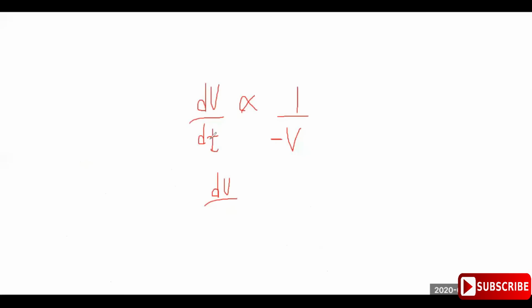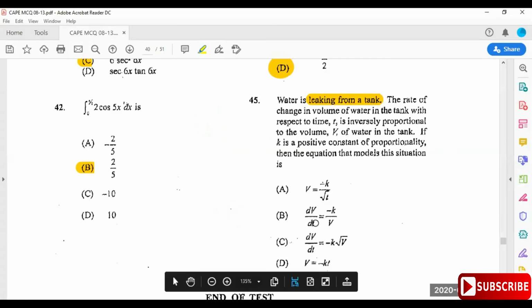So it's proportional to 1 over the volume, but since this volume is decreasing, you put 1 over minus V. And so dV by dt is equal to some constant K, minus K over V. That's B.